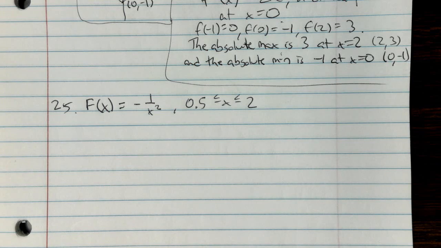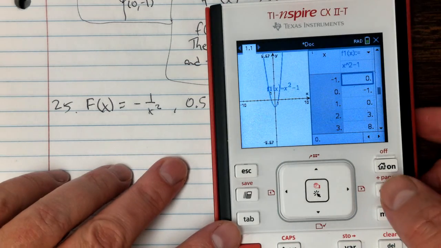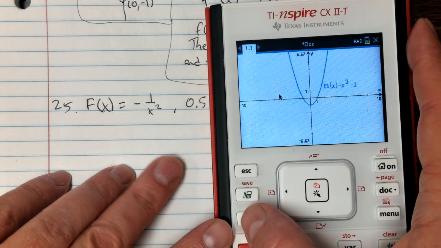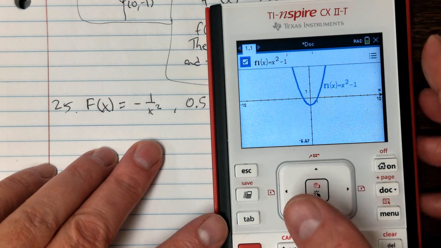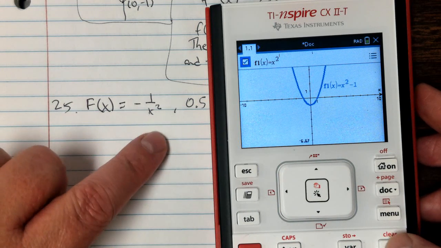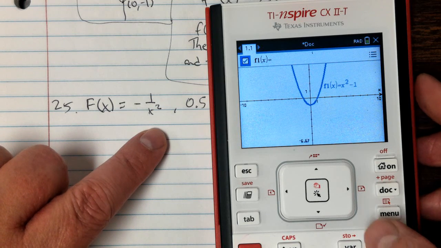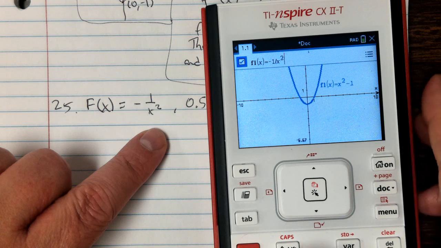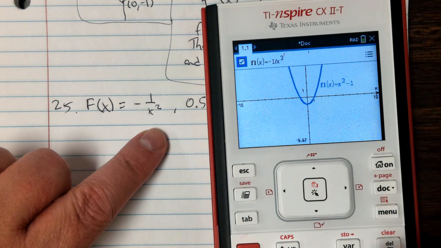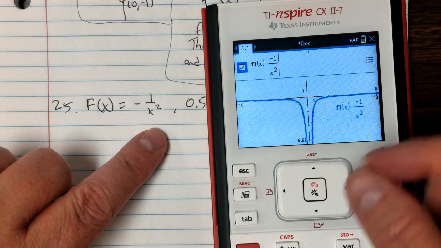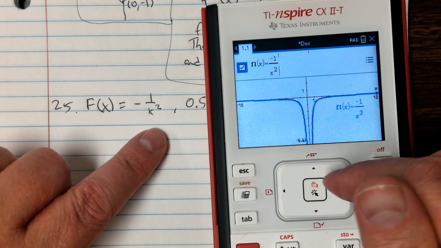So first we want to graph this. Again, just as a reminder, sometimes they just change a certain number on it. So just look how that works out. So there's your negative 1 over x squared, which basically means both sides are down.